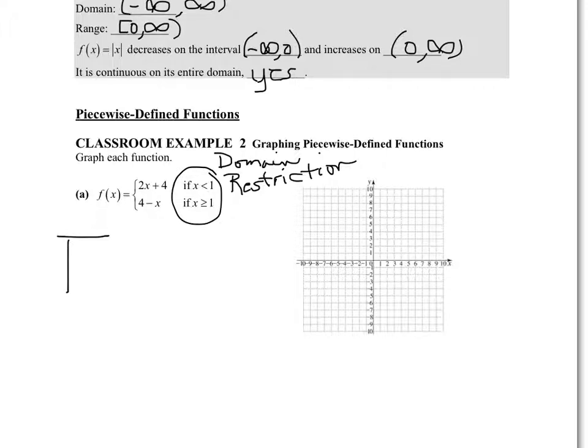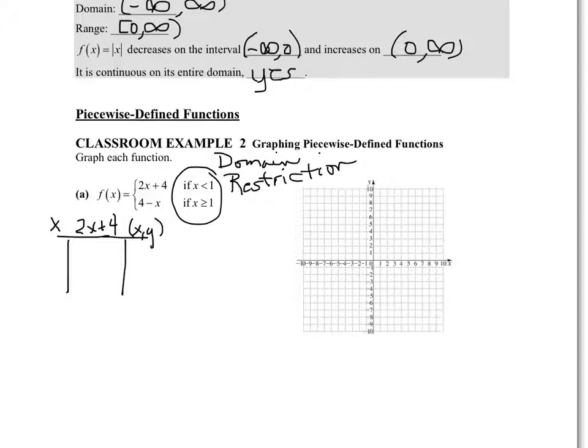So I'm going to take the first function and plug in x values to 2x plus 4, find some y values, so I'll have ordered pairs I can graph. But I pay attention to this domain restriction because it says my x's should be less than 1.